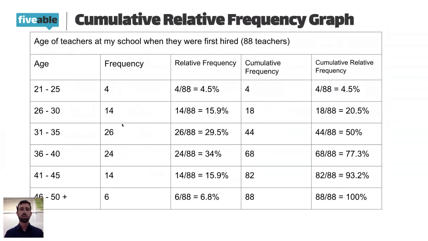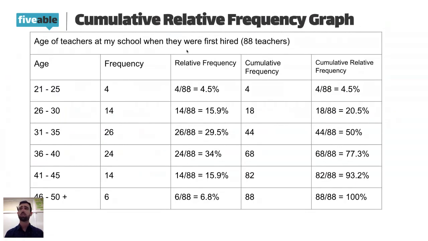This column right here shows the frequency. So how many people responded in that age group. So you can see right here, 4 people were between 21 and 25 when they first started at this school. And it goes all the way down. And if you add all these up, they'll add up to 88 because that's how many teachers I surveyed.